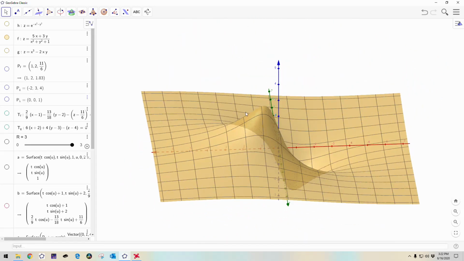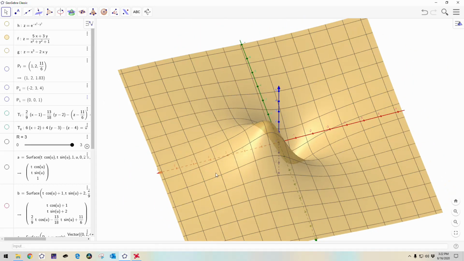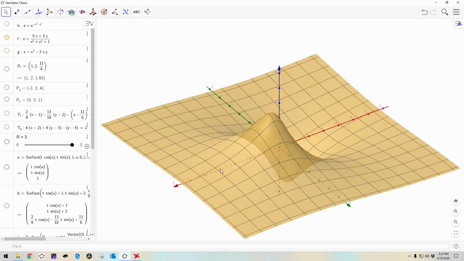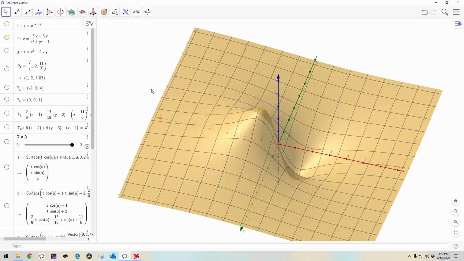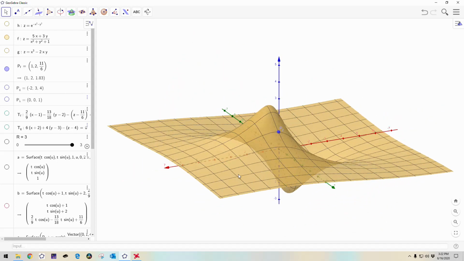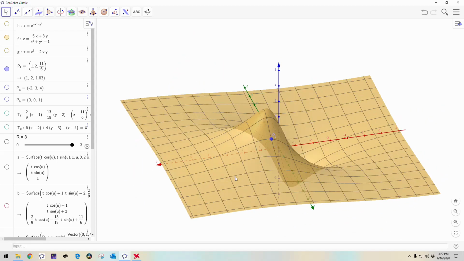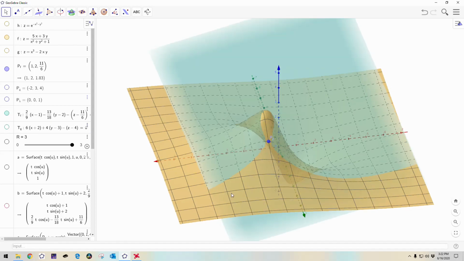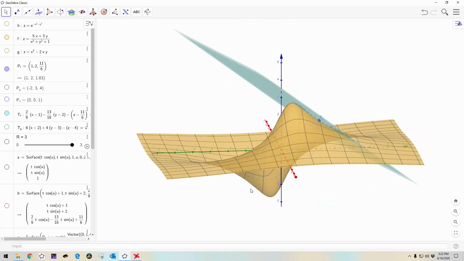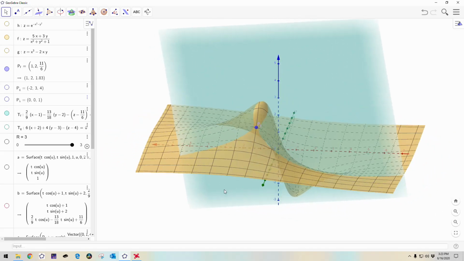The upper top peak here is in this first octant where x, y, and z are positive. The point we were interested in is (1, 2, 11/6). It's that point right there on the surface. And we were constructing the tangent plane and the normal line there. So here is the generic tangent plane. And you can see it does only skirt the point.